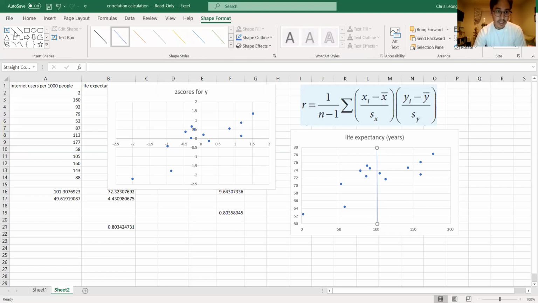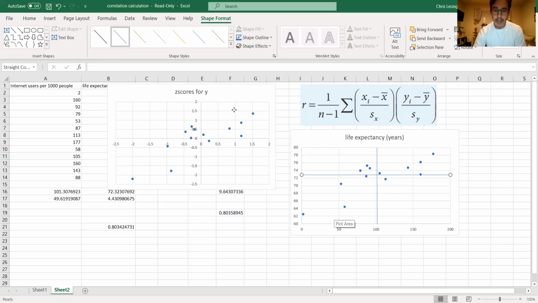And we know the mean of life expectancy was about 72.3. We can put a line right about there. So when you have a lot of data that are above average in both variables and below average for both variables, you're going to end up with a positive correlation.